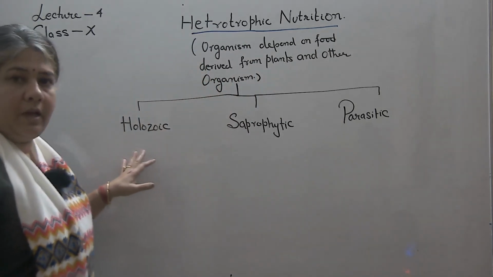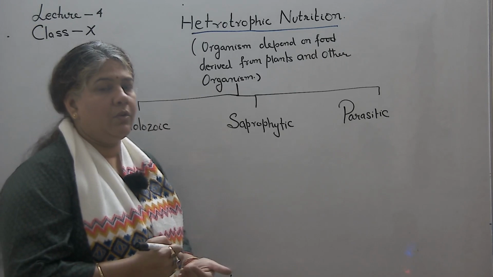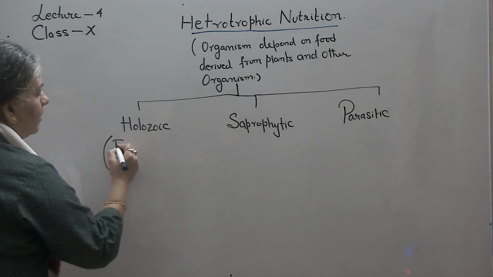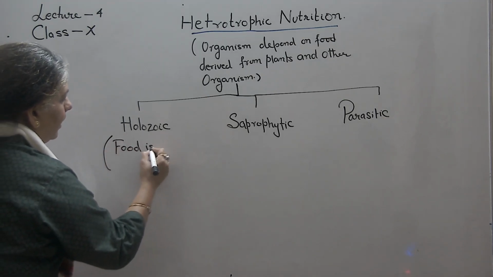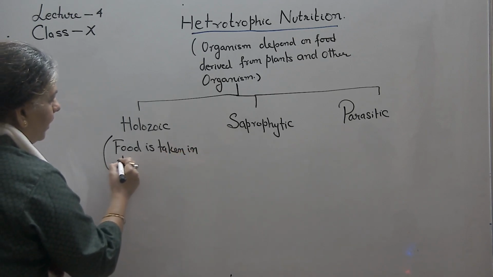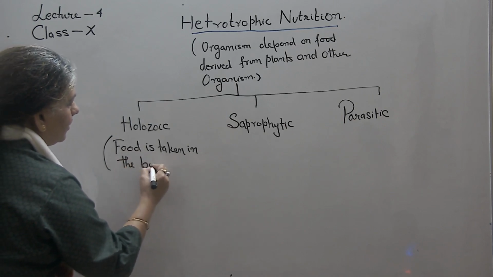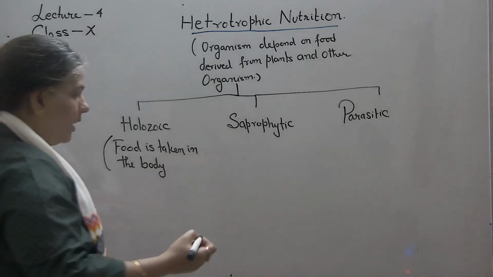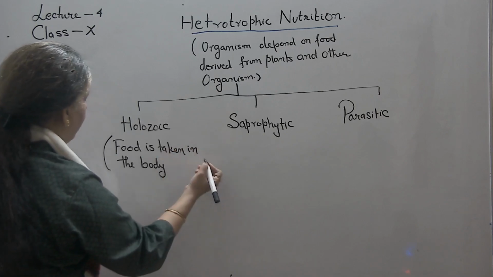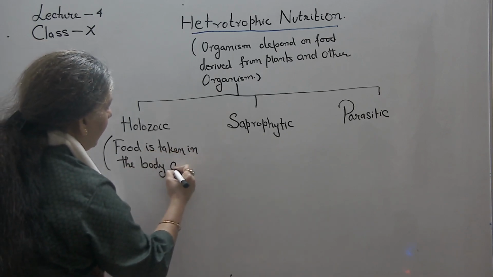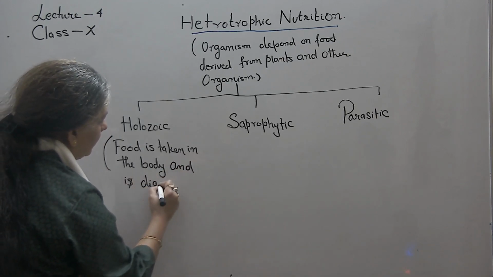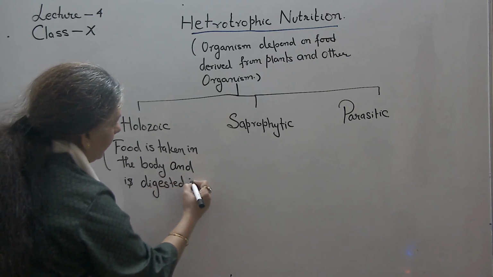Holozoic means food is taken as a whole inside the body of the organism and it is digested inside the organism. So we can write: food is taken in the body through the mouth or through an opening, and is digested inside the body.